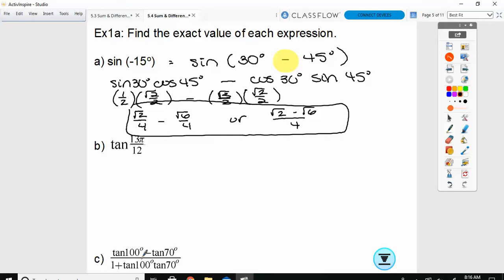You'll notice all of our answers are kind of looking very similar on these. We have a lot of radical 2s, radical 6s, over 4, and that's because of our common angles. We're using 30, 45, and 60, so we're doing 1/2, radical 2 over 2 and radical 3 over 2. We're using the same reference angles every time. So all of those answers are going to turn out to be very similar.